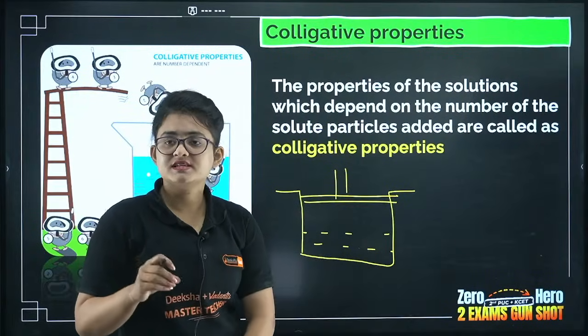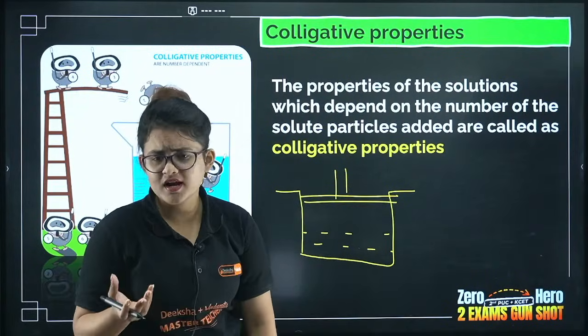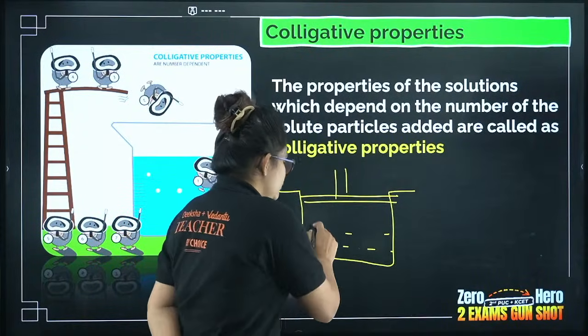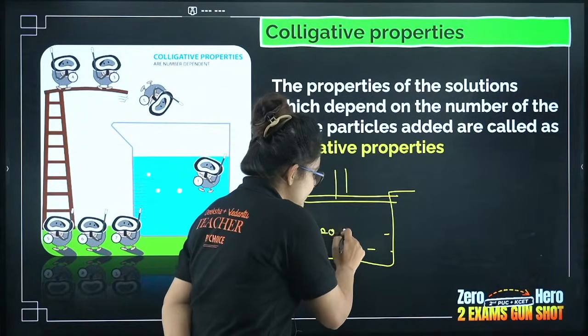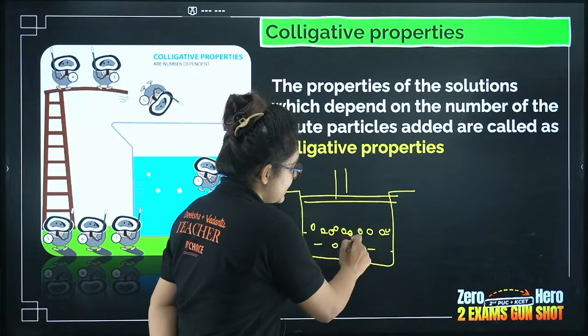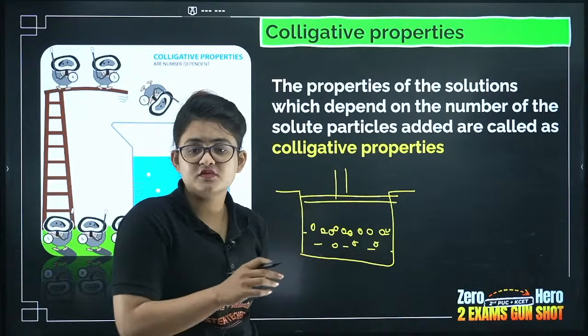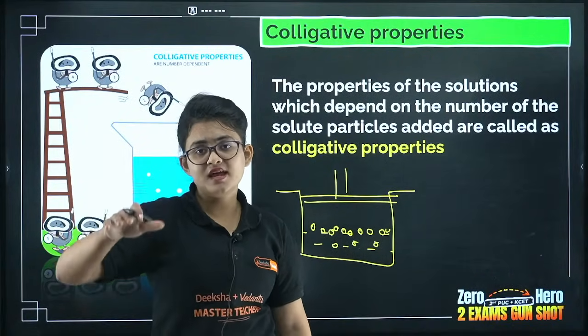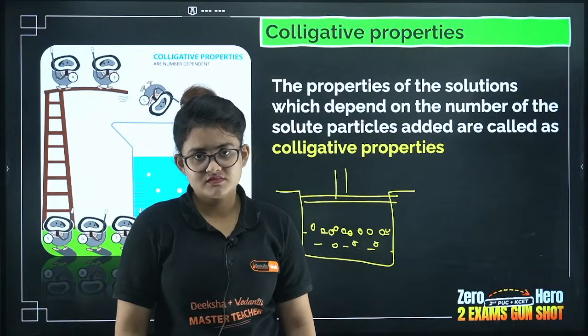But now you are mixing in some non-volatile solute, let's say sugar, NaCl, whatever it is. They are non-volatile, so they get accumulated on the surface of the volatile solvent, and that results in a decrease in vapor pressure, right?